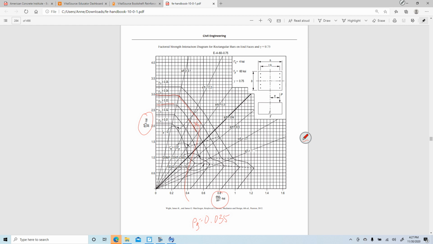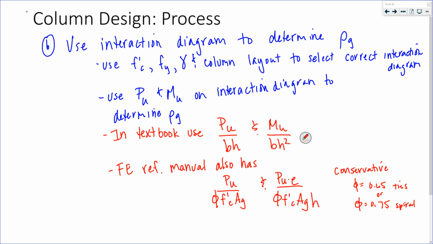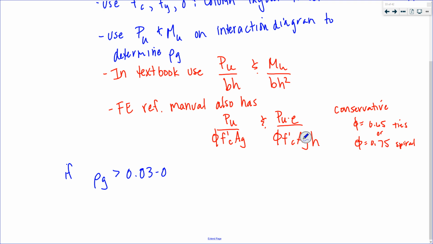Now we said 1 to 3% was what we wanted. If rho G is greater than about 3 or 4%, increase your section size, and calculate everything again and pick a new rho, right?